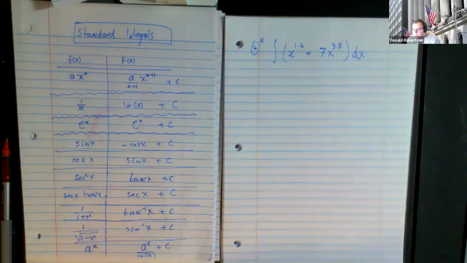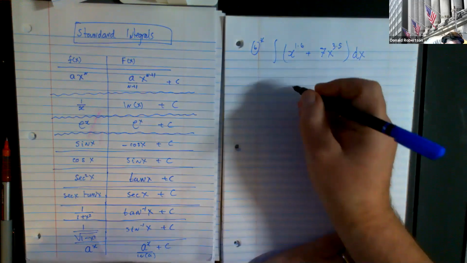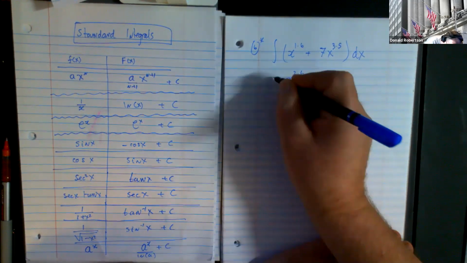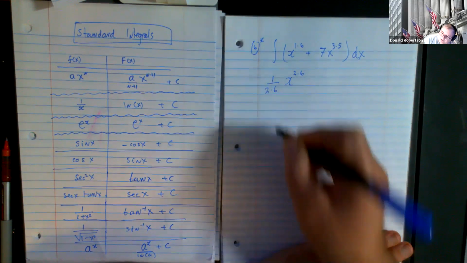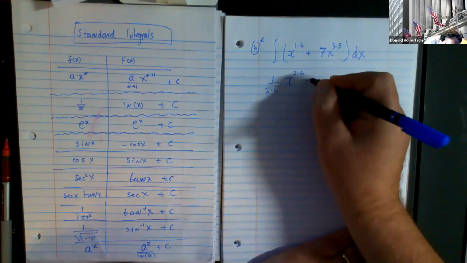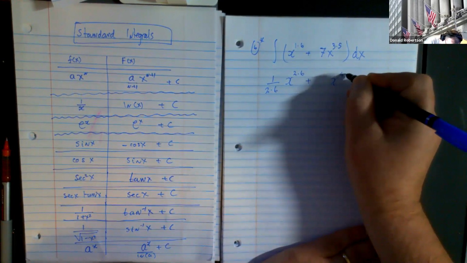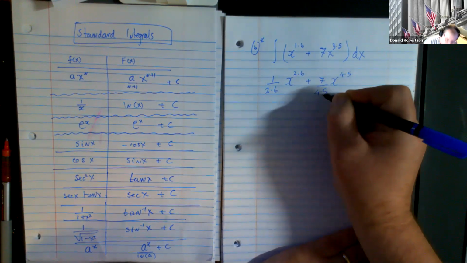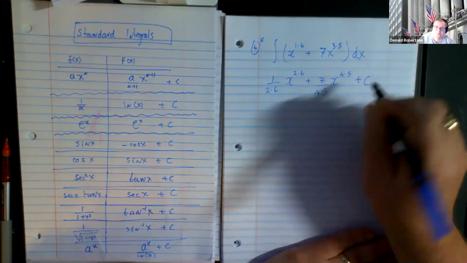That's a power rule. It might not look like a power rule because 1.6 isn't your typical power, but it is. Add 1 to the power, divide by the new power. Add 1 to the power, divide by the new power, and add c.